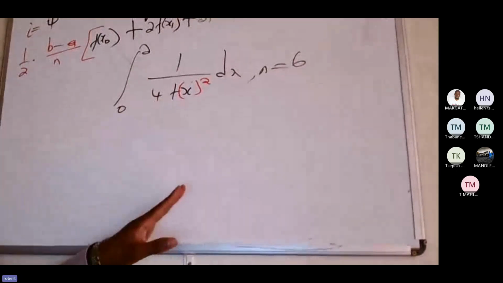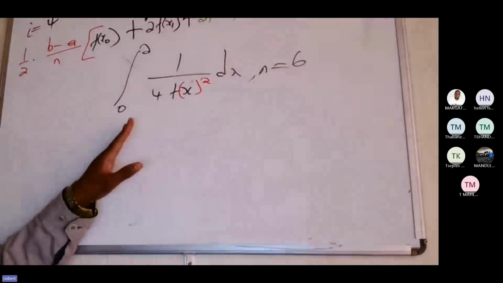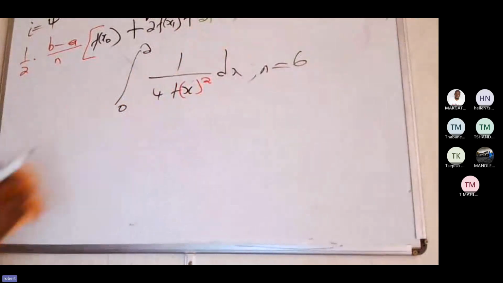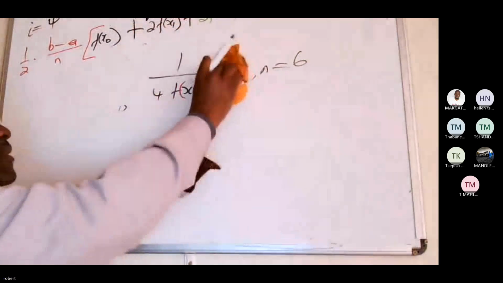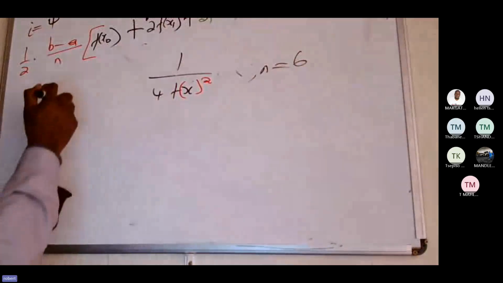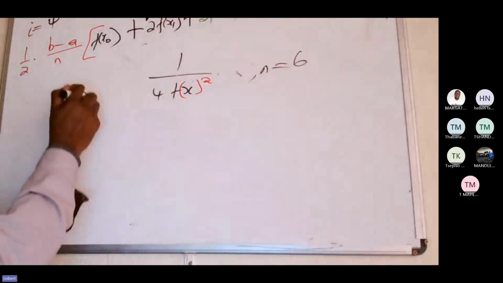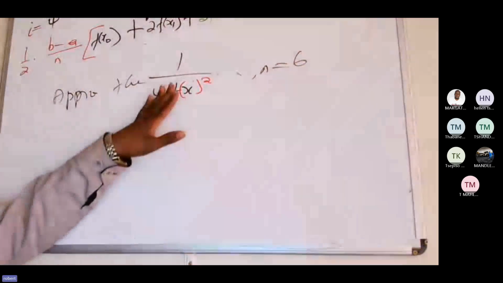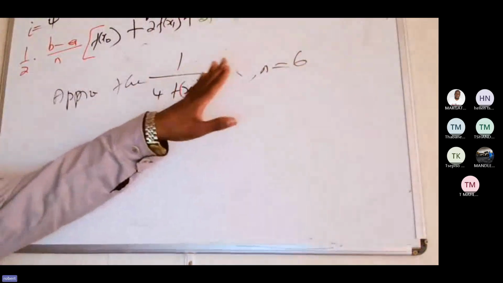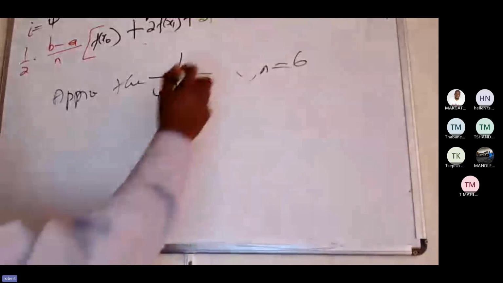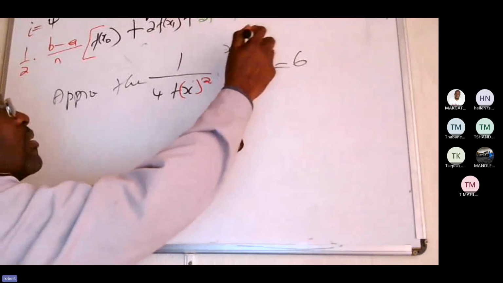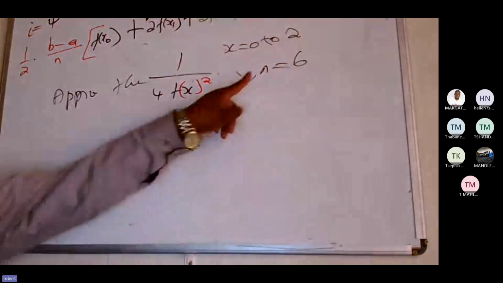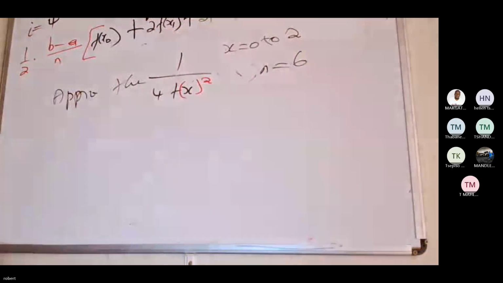I don't have to rewrite everything. They say approximate the answer for this. Remember, they won't even write this. They will just say approximate the area between this curve and the x-axis from x equal to 0 to x equal to 2 with n equal to 6.